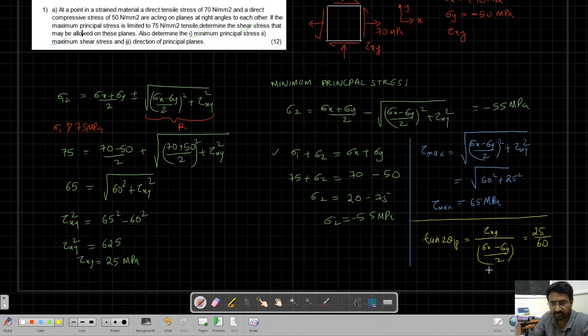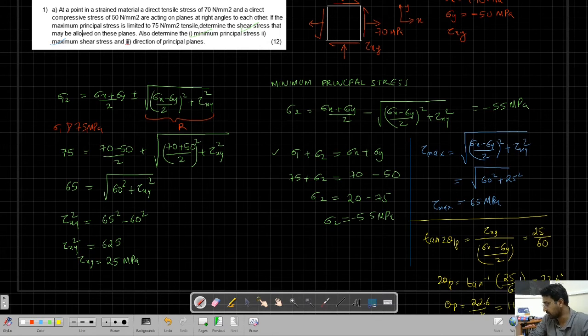And this gives me 2 theta p equal to tan inverse of 25 by 60, which comes out to be 22.6 degrees. So the principal plane is theta p equal to 22.6 by 2, that is 11.3 degrees.